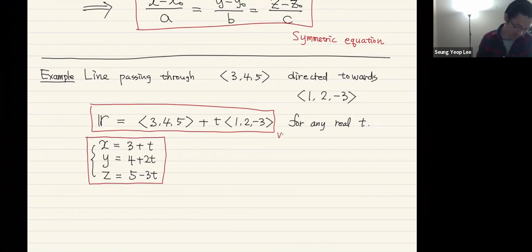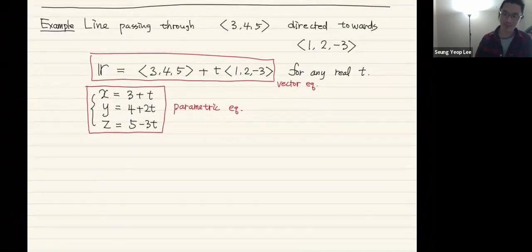So that's the vector equation. That's parametric equation. Okay, last expression, symmetric equation. Symmetric equation is without any parameter.